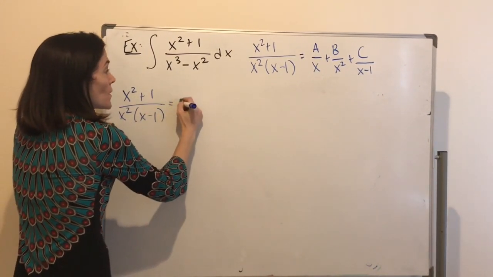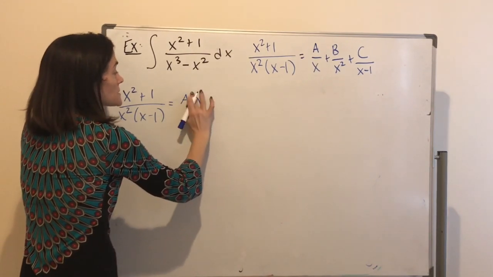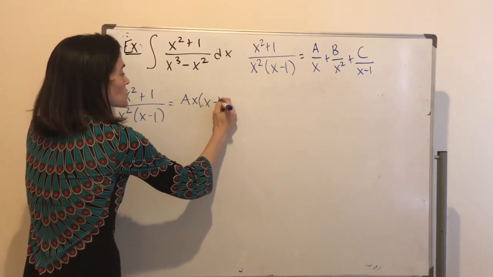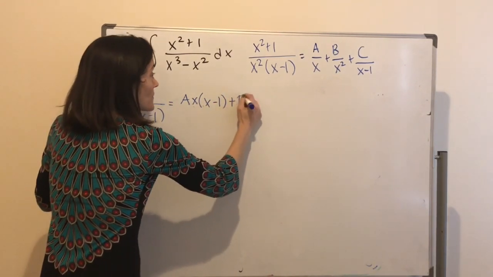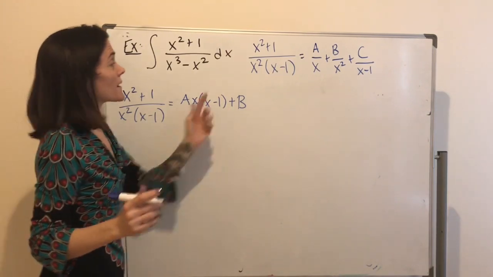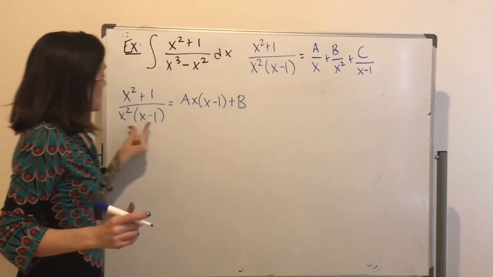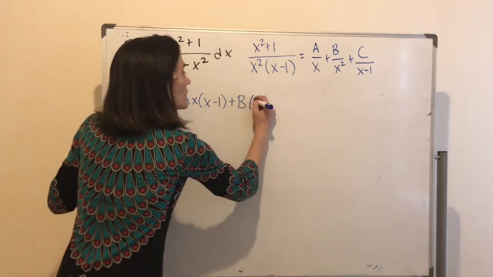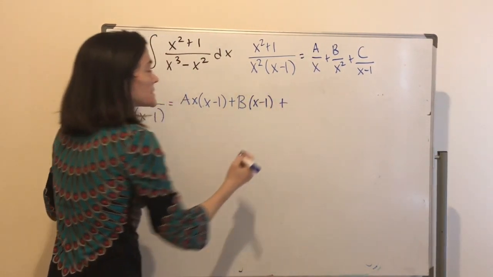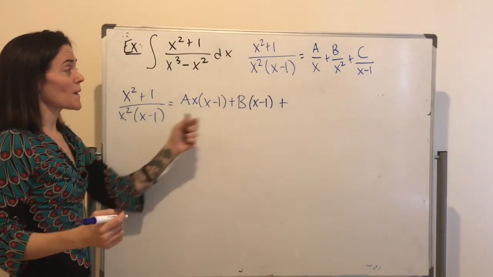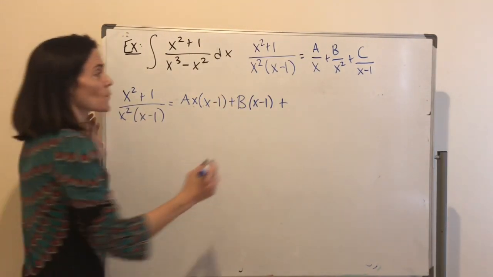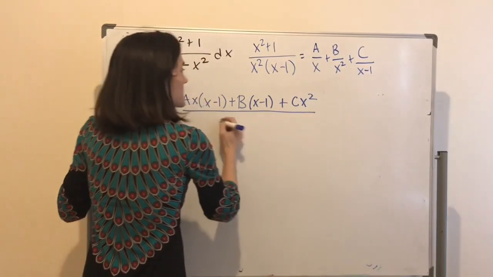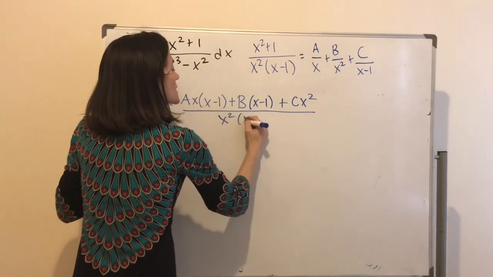This would be, we would have an A, we would have an x, x minus 1, okay, plus we have a B. Well, for the x squared here, all I need to multiply that term by is just x minus 1. And then for the C over x minus 1, this term I need to multiply by x squared. I have Cx squared all over x squared, x minus 1.